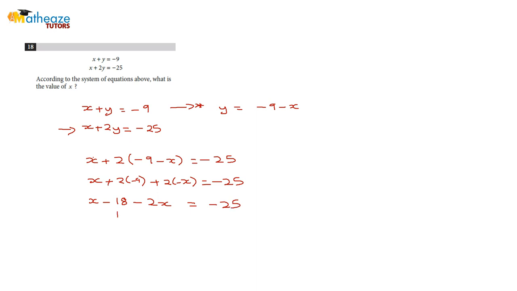Let's add 18 to both sides. We have x minus 2x equal to negative 7. So negative x equal to negative 7. We divide both sides by negative 1, and we have x equal to 7.